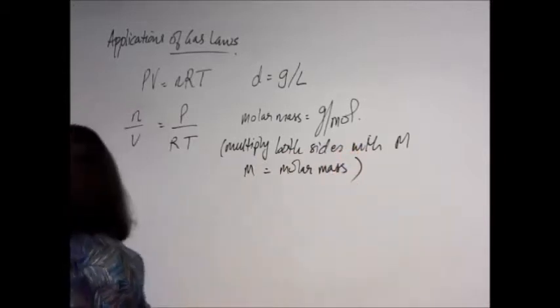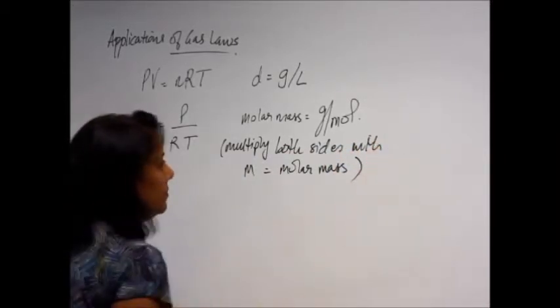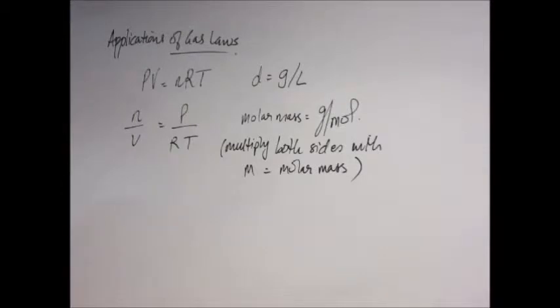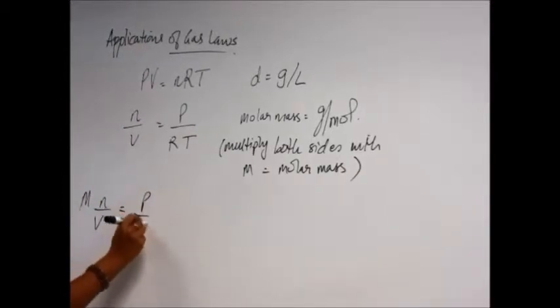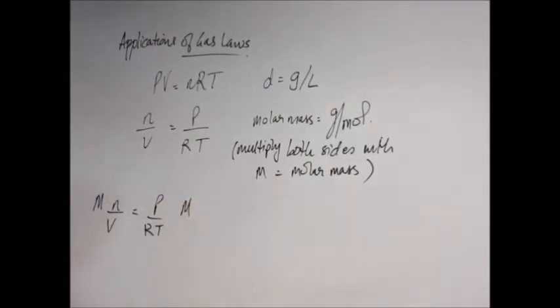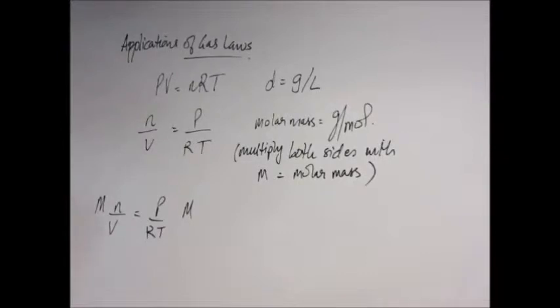I'll write that down here. Multiply both sides with M, and M is molar mass, which means that I have M n over V, P, R, T, M on both sides. We're just trying to get to a different equation, that's all. It's just a little bit of a derivation, and not too much there.